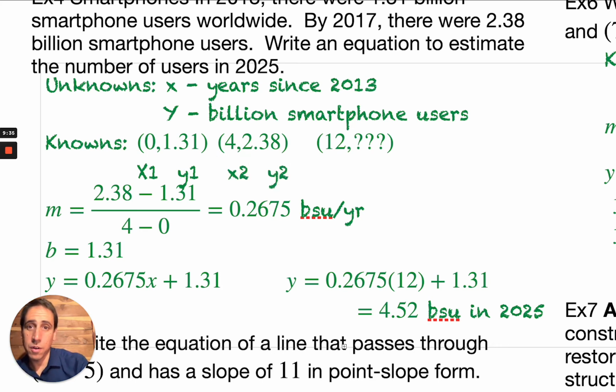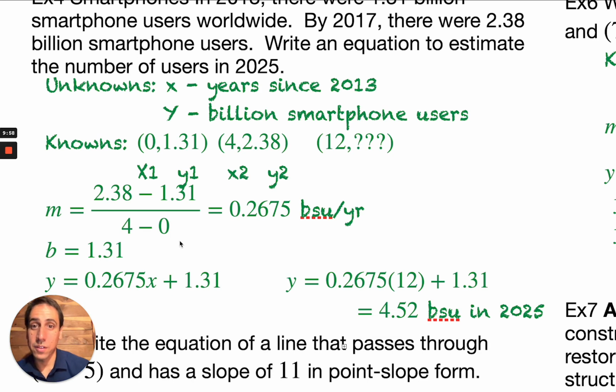Often one mistake that students make is they confuse which one should go where. Sometimes they put the x's on the top, and sometimes they confuse exactly which one is x1 and x2. You don't want to do that. If you label these, then you're much more likely to get it right. So these are now labeled, and that's great.